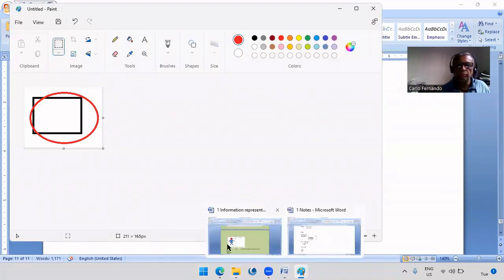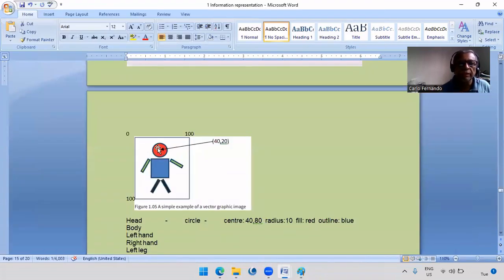So how do we give the coordinates here for the center of the head? Take the column first, this way. From here, 0 up to the center, it's about 40, a little less than 50. Then the row: this is the first row, this is the second row, going down, about 20.